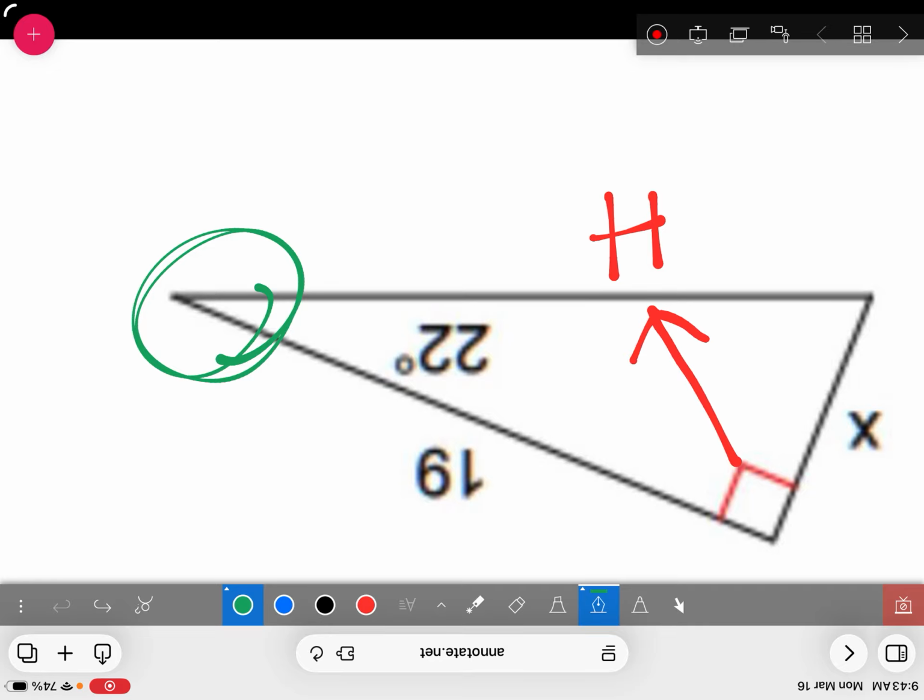Well, first of all, just the fact that there is nothing on H tells you it has to be tangent. Tangent is the only one that doesn't use H. It's tangent. So 19 is adjacent and X is opposite. Alrighty, we're going to keep trying, y'all. We'll get it.